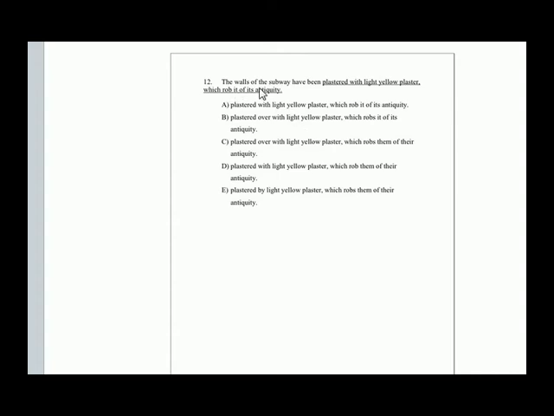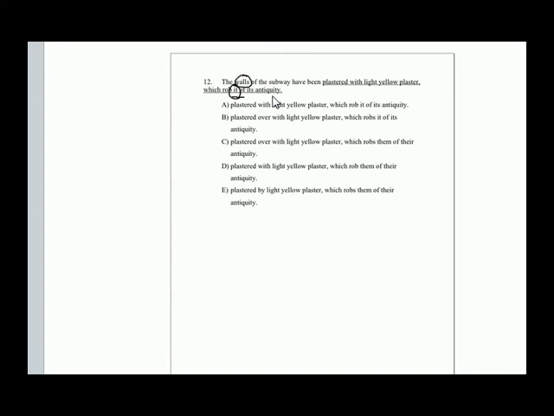First one: the walls of the subway have been plastered with light yellow plaster which rob it of its antiquity. Now we need to simply identify what is being referred to here. When you say rob it of its antiquity, the it is really referring to the walls.